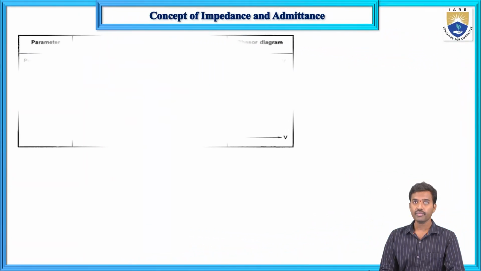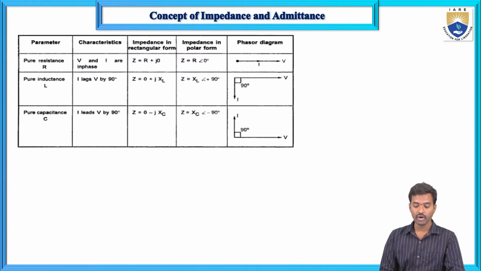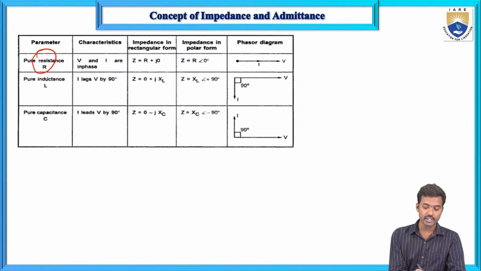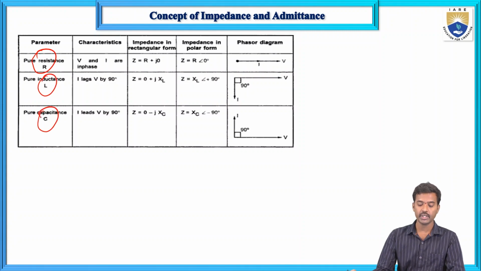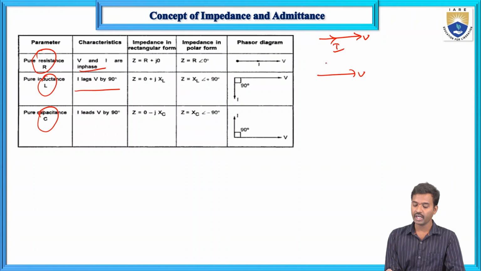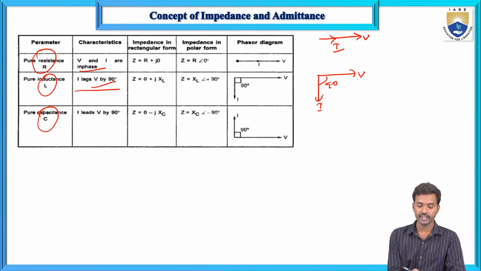And next thing here, this is most important for pure resistor case, pure inductor case and pure capacitor case. For the pure resistor case, voltage and current both are in phase, and for the pure inductor case, current lags voltage by 90 degrees.